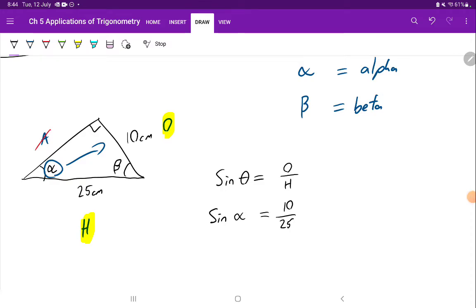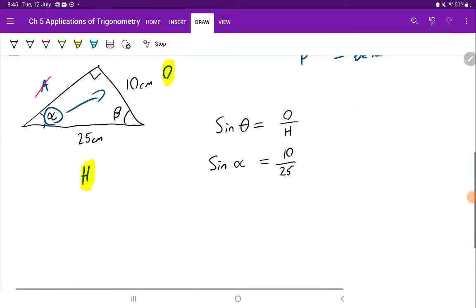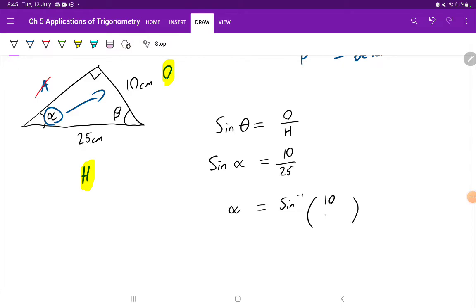What's happening to alpha? It's being signed. We need to unsign it. The opposite of sine is sine -1. So we're going to move sine to the other side and use the -1 version of it. When sine moves to the other side, it eats up everything that was on the other side.